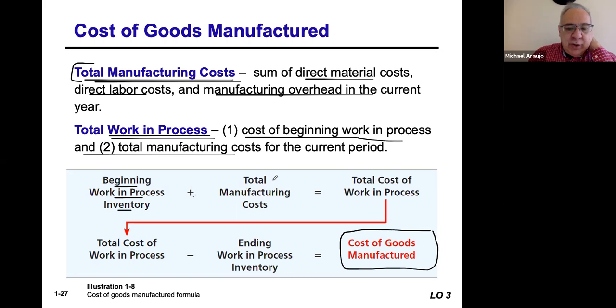You add to it the total manufacturing costs, that's your labor, materials, and overhead. That's going to give you the total cost of the work in process. You take that total cost of the work in process, subtract out the ending work in process inventory, and that's going to give you your cost of goods that have been manufactured.